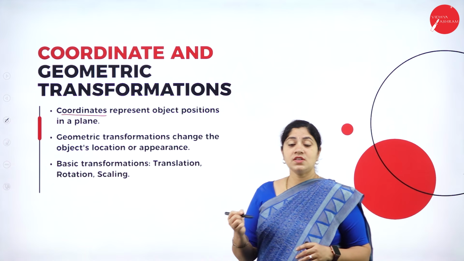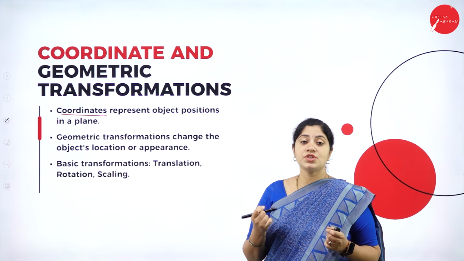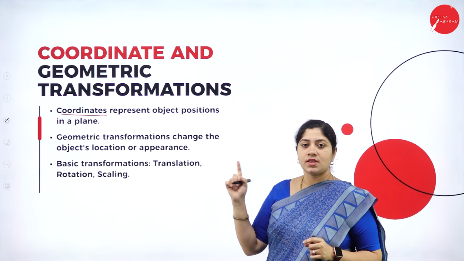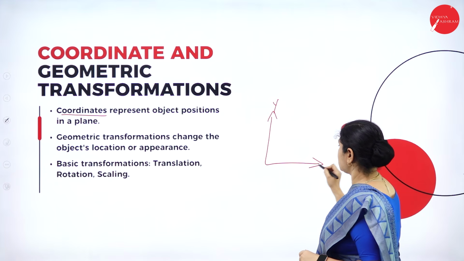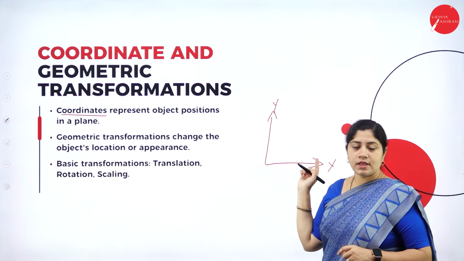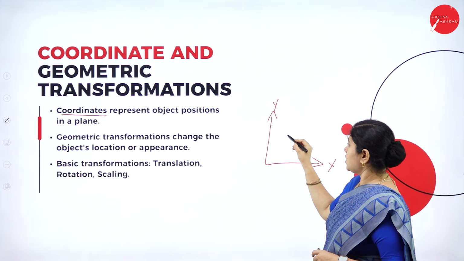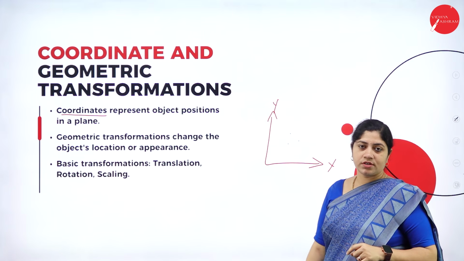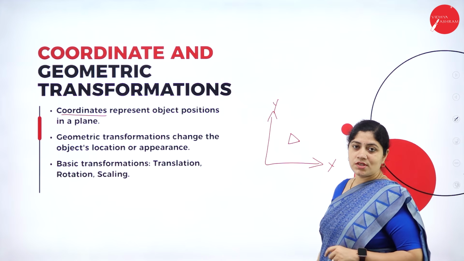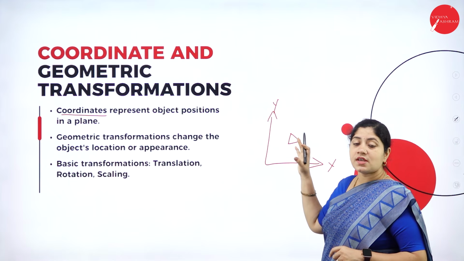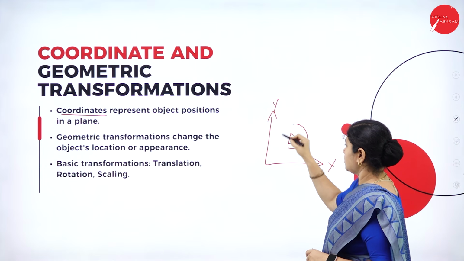So the coordinates just represent the position of an object in that plane. Okay, so over here we can see that this is my xy plane, and in this xy plane if I place any object, that object's position in the plane is considered a coordinate.